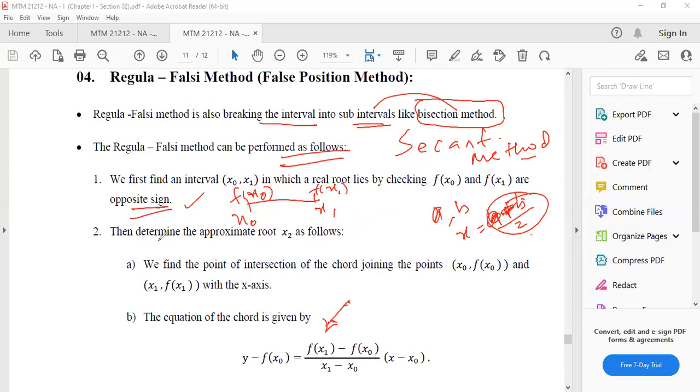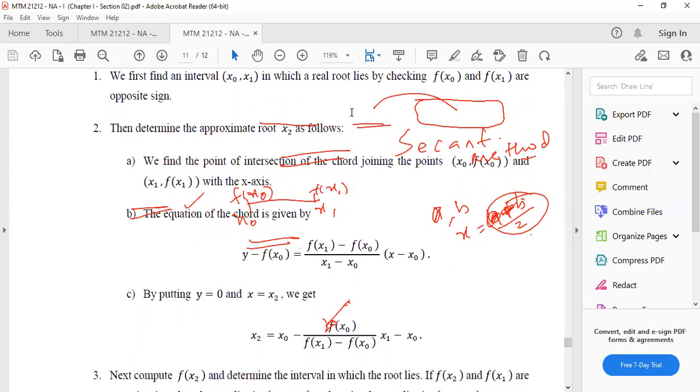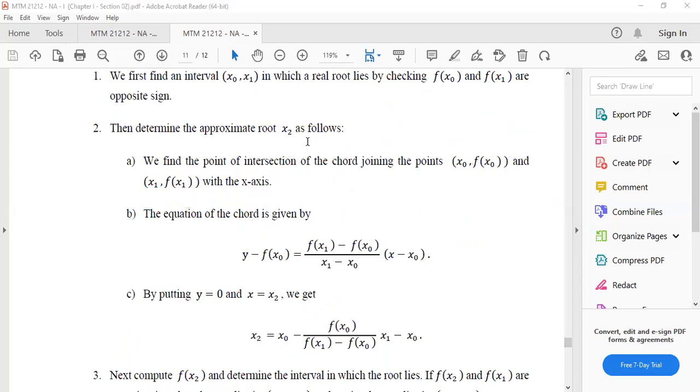Then determine the approximate x2, which is our next point. There are some rules to find it. To find the next point, we have some rules, likewise the earlier methods. Okay, yeah.